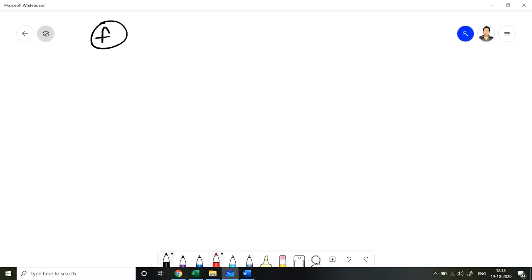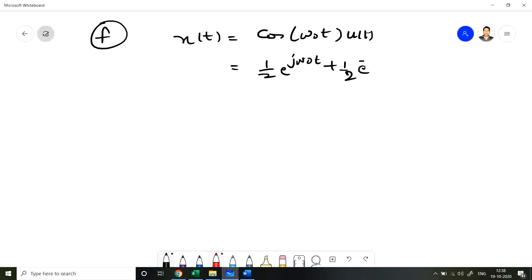Taking the Laplace transform on both sides, we get the Laplace transform of del dash t, that is X(s), equal to the Laplace transform of du(t) divided by dt. Now we can apply the differentiation property. What is the differentiation property?